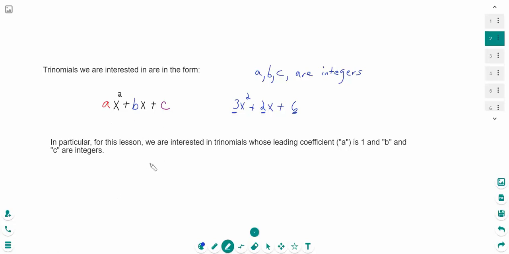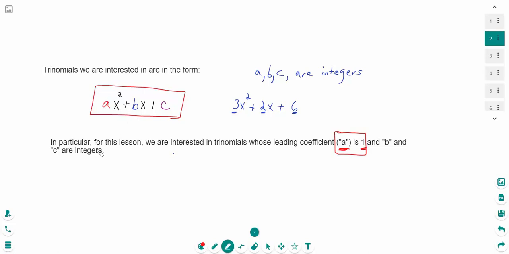Now, to be even more specific, today in particular, we are going to be referring to this form where a is a 1. b and c are integers, which we've already talked about, but today we want to look at only trinomials where a is equal to 1.